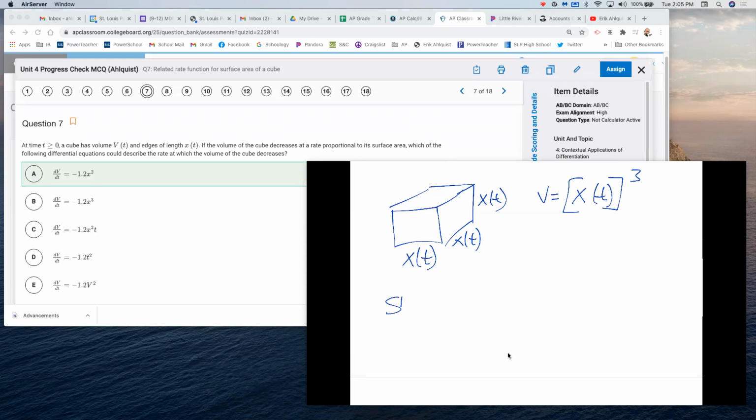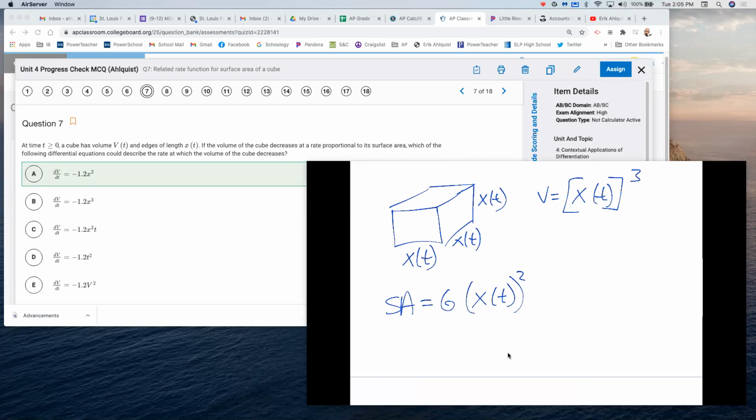So the surface area of this cube is going to be, there's 6 faces on that cube, each having x of t squared as its area.